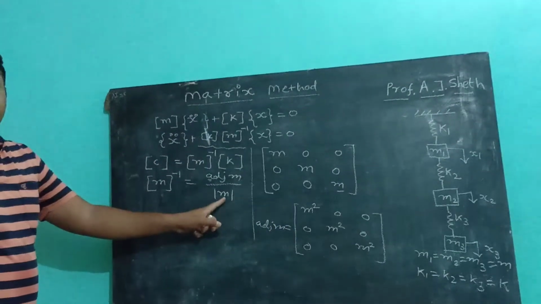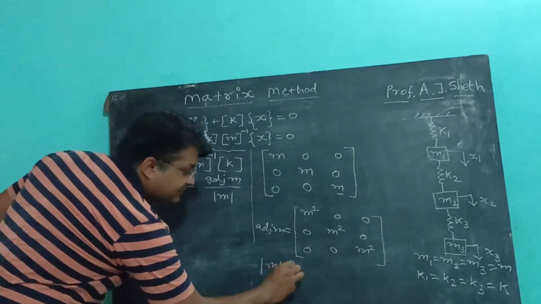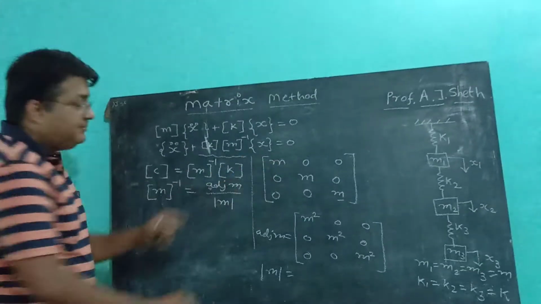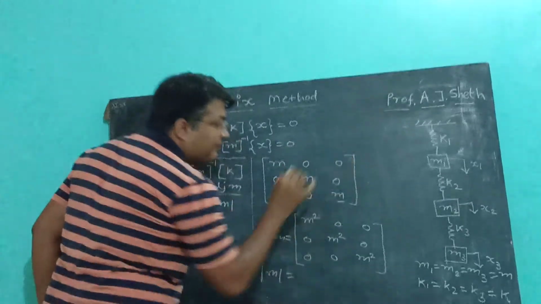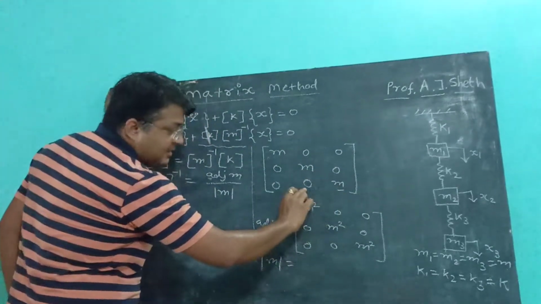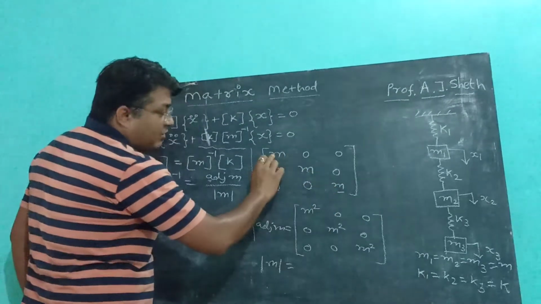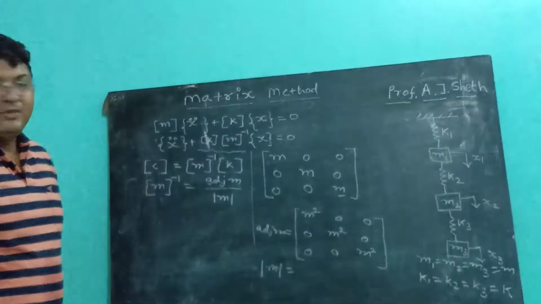Now mod m. How to find out mod m? Mod m is equal to first m. Forget this column and row. Multiply m with m minus 0 with 0, so it is m square. So m into m square is m cube.